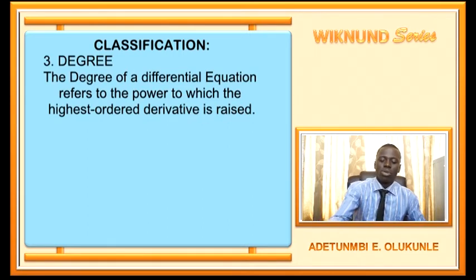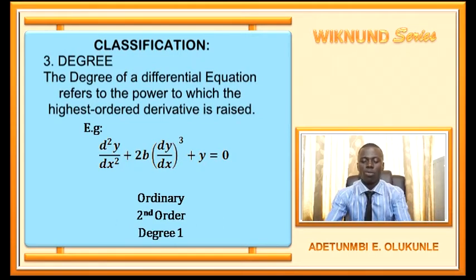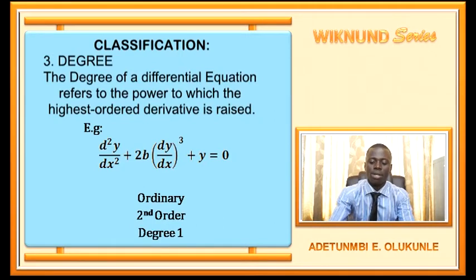Let's look at the example we looked at under the order. That's d2y/dx squared plus 2b (dy/dx) all to the power 3 plus y equals 0. Now clearly, based on what you have learned so far, you can see this is of order 2. So the highest order we have here is d2y/dx squared, that's order 2.